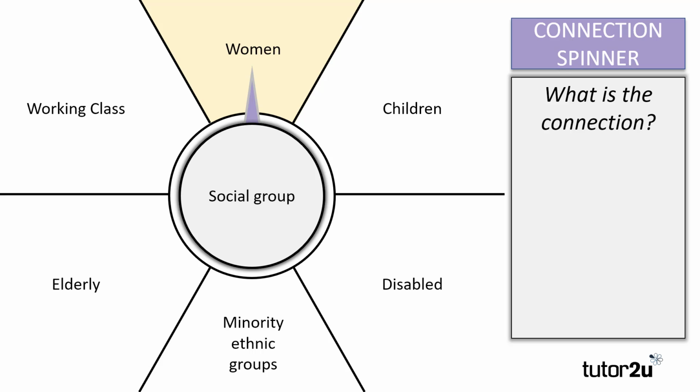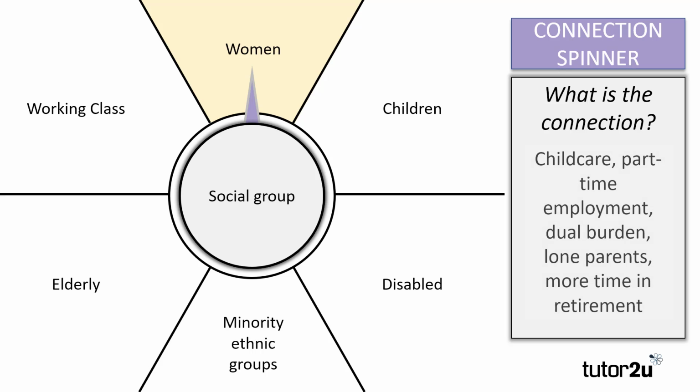Let's have a look at some of the explanations we've put forward. Women are more likely to be taking care of children and therefore may be more likely to work part-time than males. There is the dual burden that is placed on women. Women are less likely to be able to undertake overtime or unable to access higher levels of employment because of caring responsibilities.